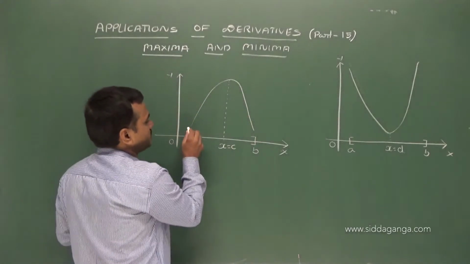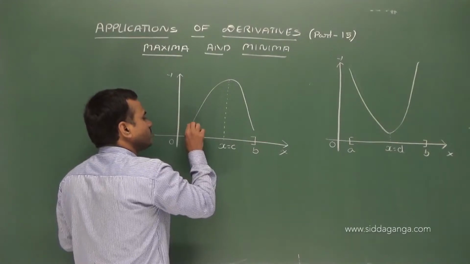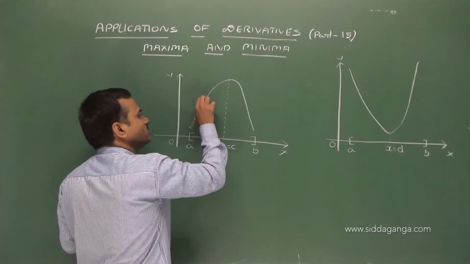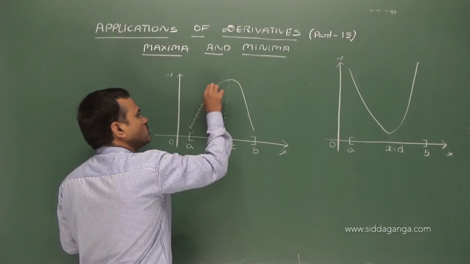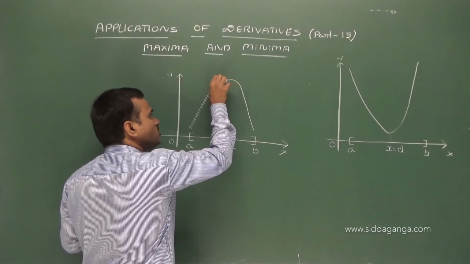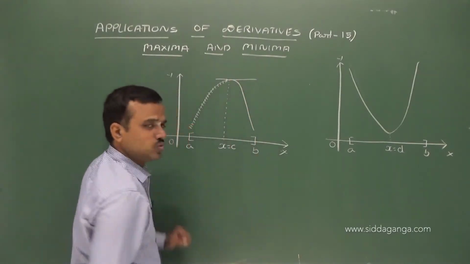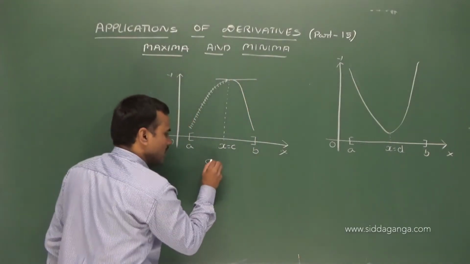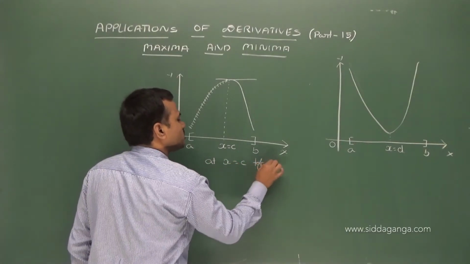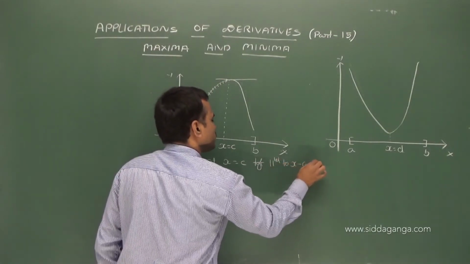Observe here. This is the curve. In this curve, the tangent goes on increasing, correct? And at x is equal to c, the tangent is parallel to x axis.